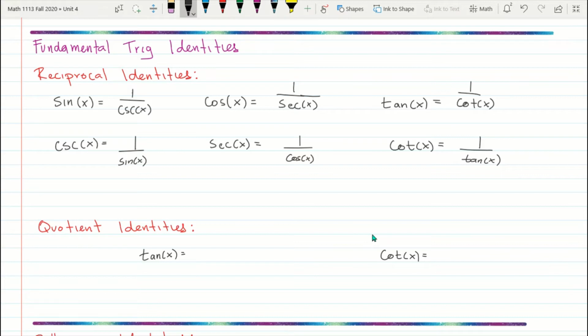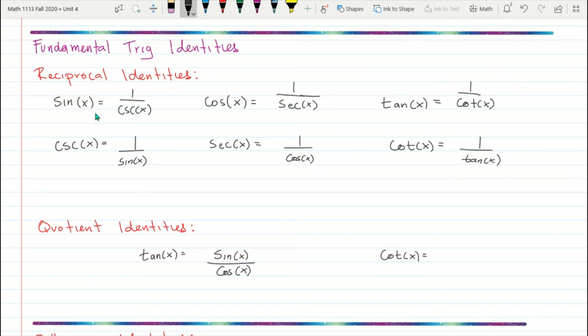And the idea is that whenever you encounter maybe 1 over cosecant, that you can identify it and rewrite it as sine of x if it helps simplify your problem. Okay? The next 2 identities we have are quotient identities, or just a ratio of 2 things, right? So the definition that we know for tangent is sine of x over cosine of x.